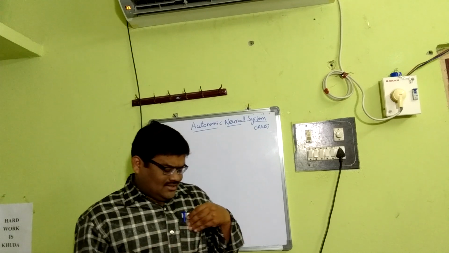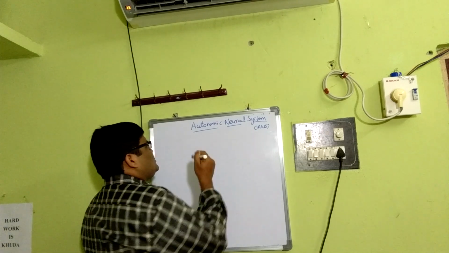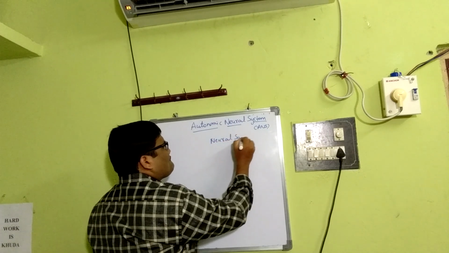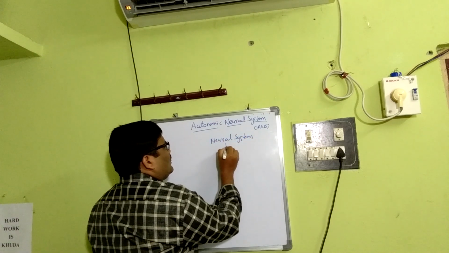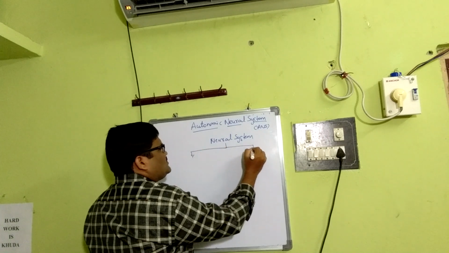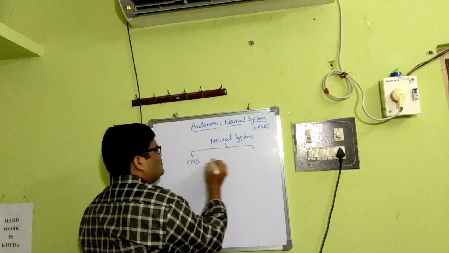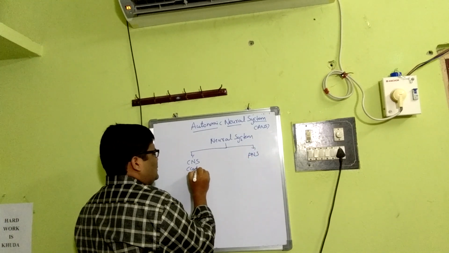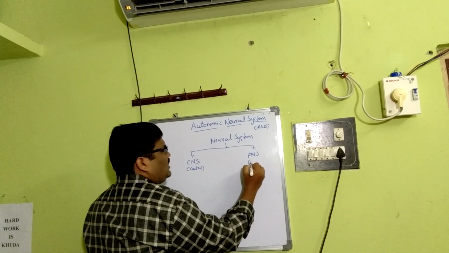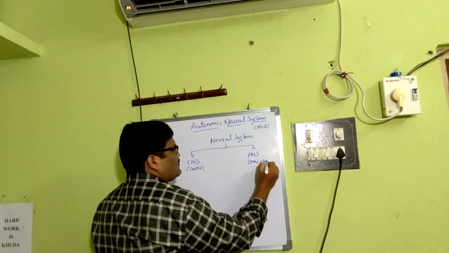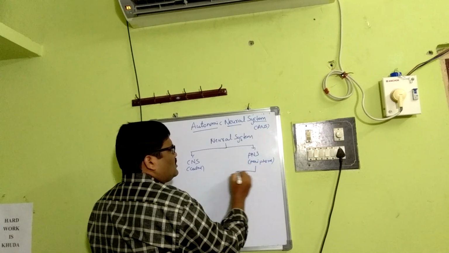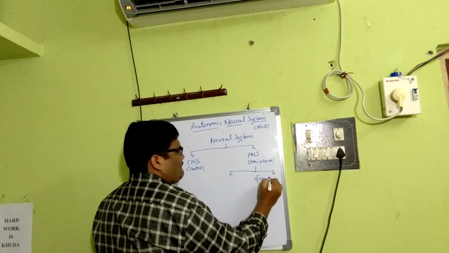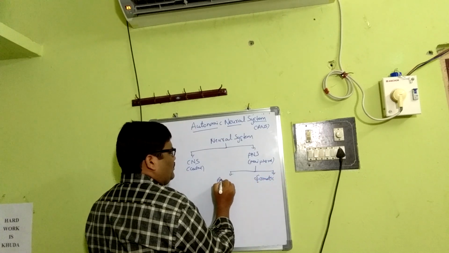Regarding the basics, the neural system is categorized into two: the central neural system and the peripheral neural system. The peripheral neural system is again of two kinds: one, somatic, and two, autonomic.